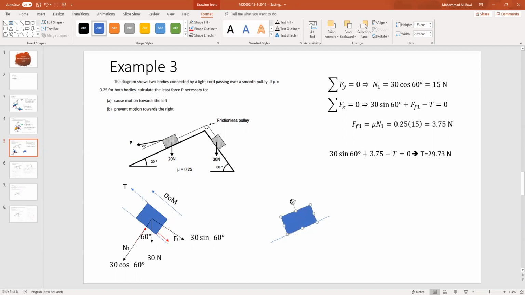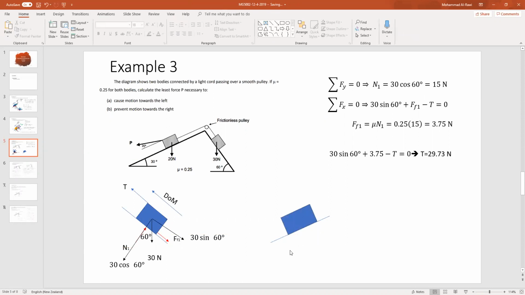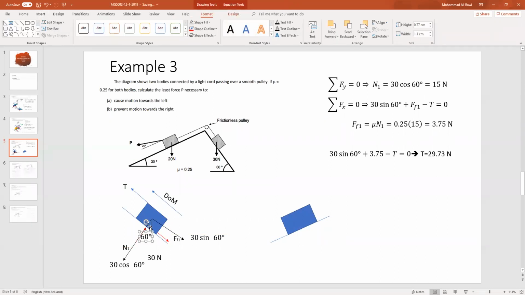And now we need the weight, which is always from the centroid going downwards. The weight equals 20 newtons.